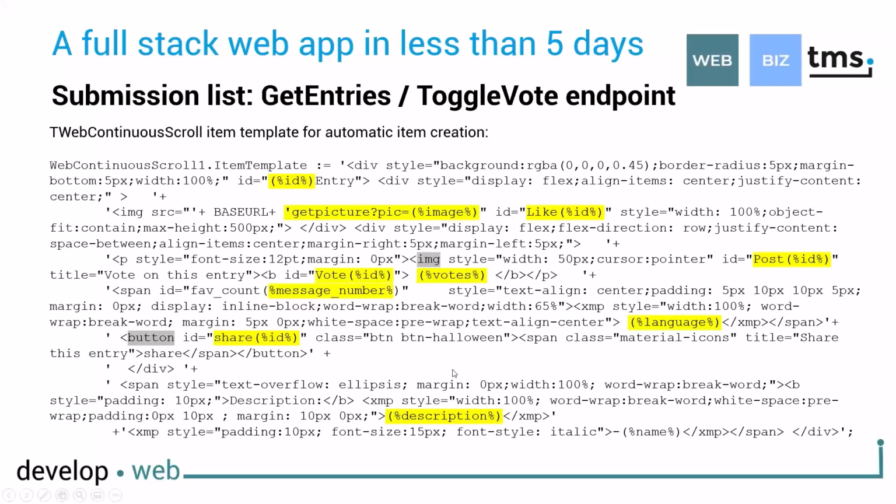So what the continuous scroll control does is use this HTML and merge this with the information it extracts from the JSON object in the JSON array that the server will return. And when there is a value with the value name, language, or description, it will replace the value within this HTML template.